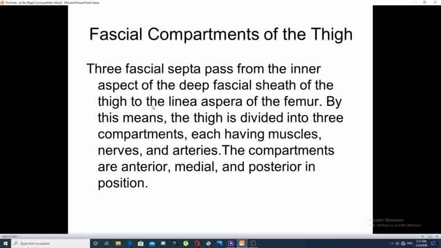By this means, the thigh will be divided into 3 compartments, each having muscles, nerves, and arteries. The compartments are the flexor compartment or the anterior compartment, the medial compartment or the adductor compartment, and the posterior compartment or extensor compartment of thigh.